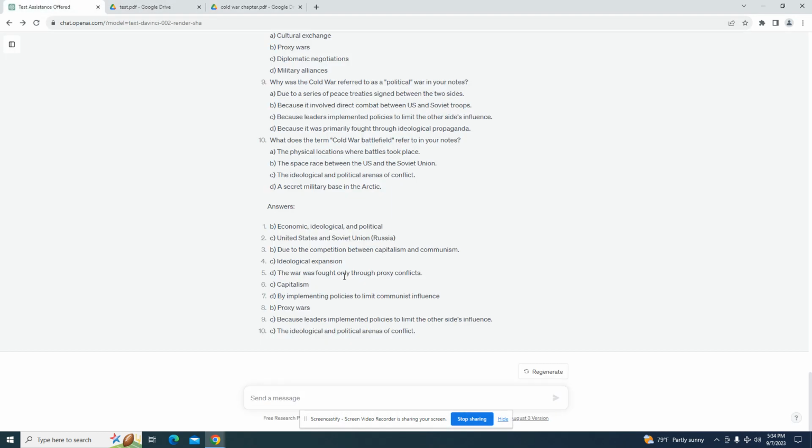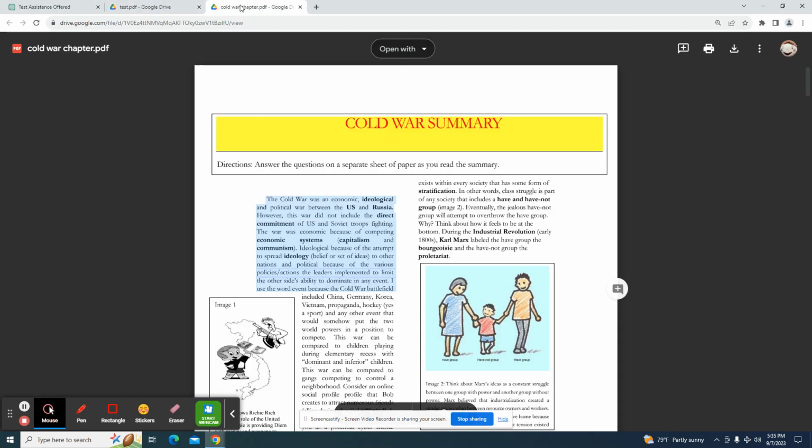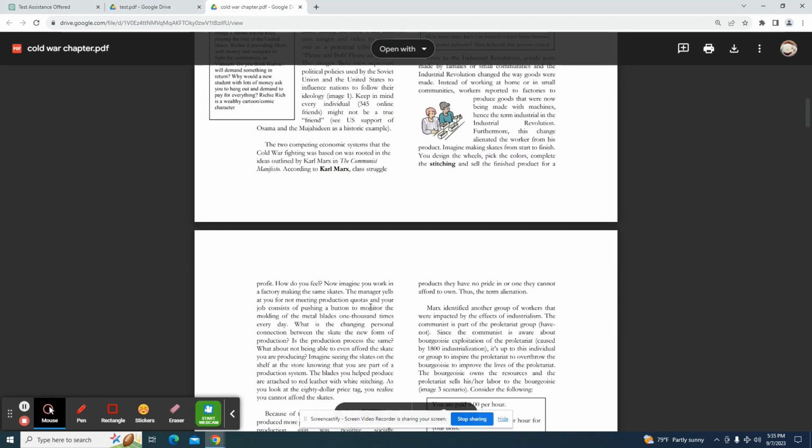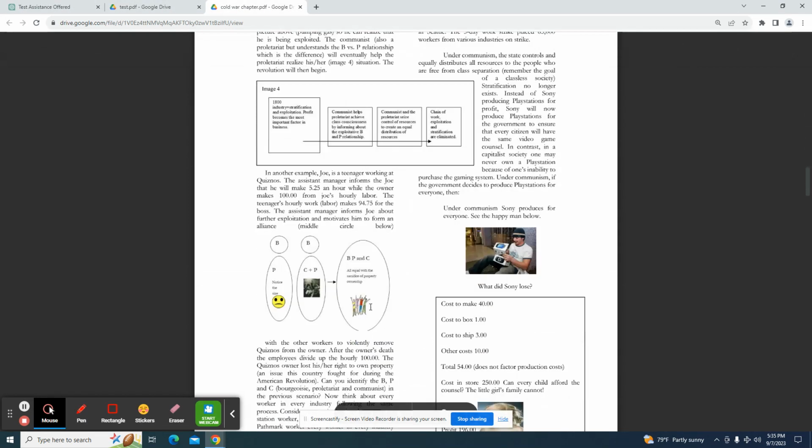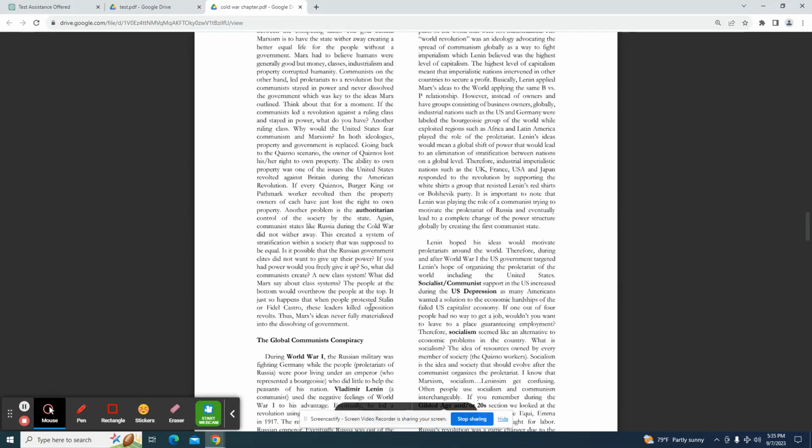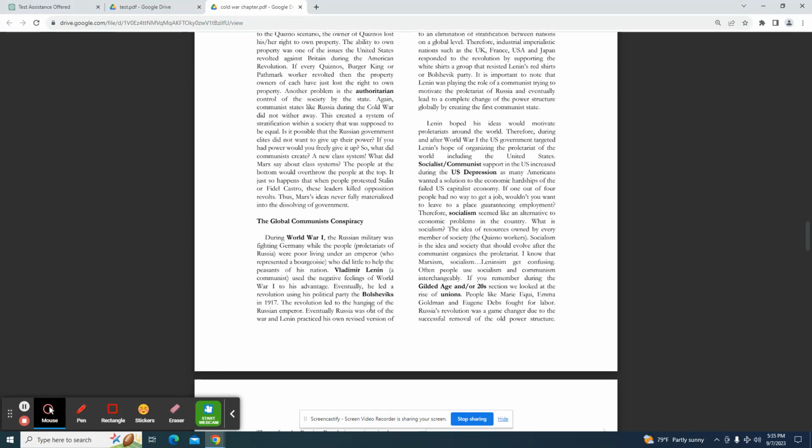So I didn't use the term proxy war, but it still did pick up on that. It could be a result of this being just a summary. Let's go to another section. Let's see.